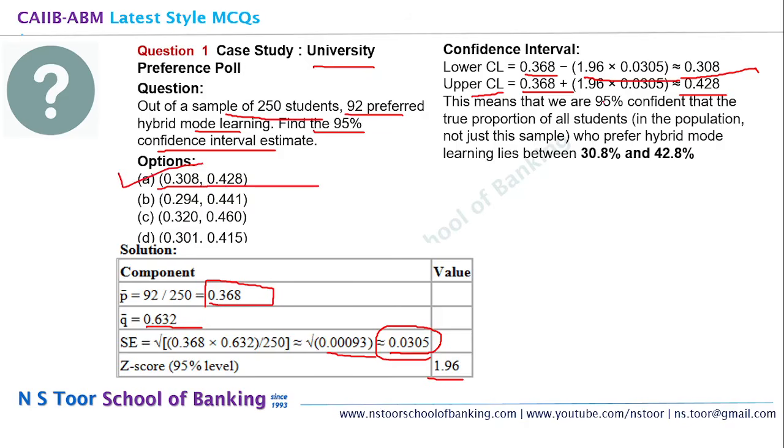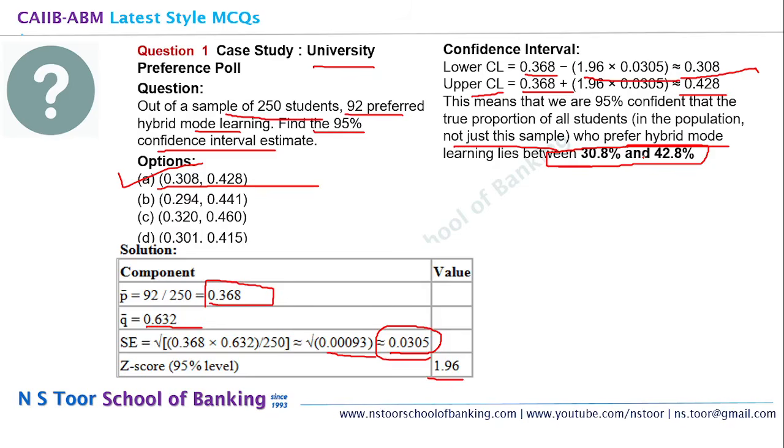Now it means that we are 95% confident that the true proportion of all students in the population, and not just the sample, who prefer hybrid mode learning lies between 30.8% and 42.8%.